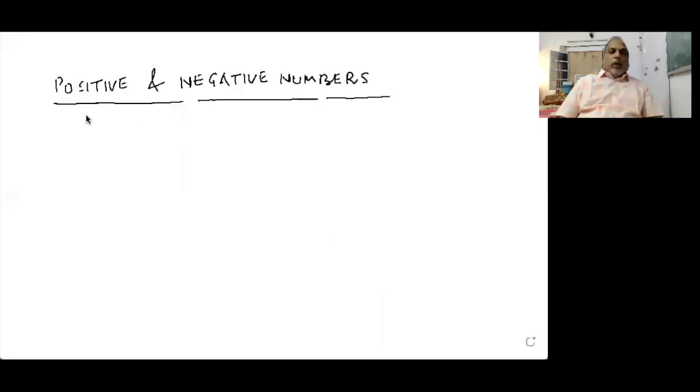Now we will talk about positive and negative numbers.